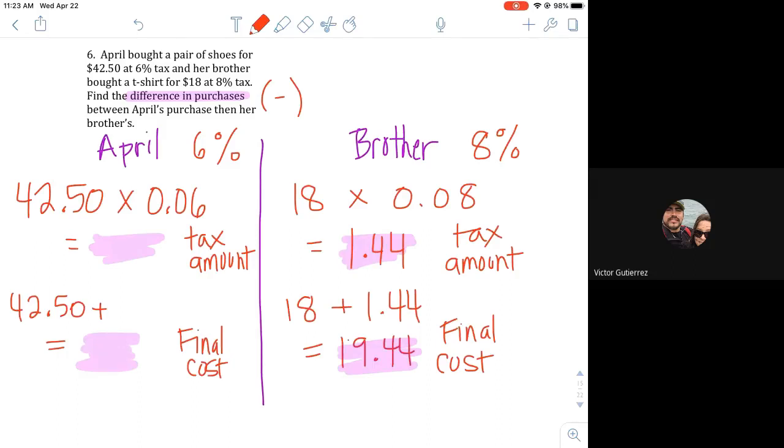I think for April, it should be $2.55. So we'll add $2.55. Good. And then when you add them together, you should have $45.05.